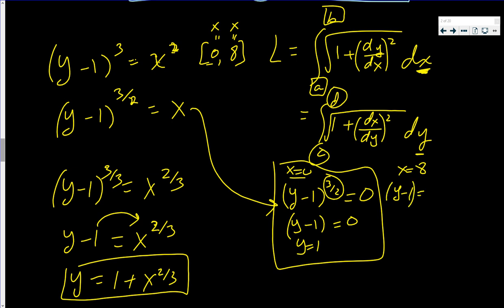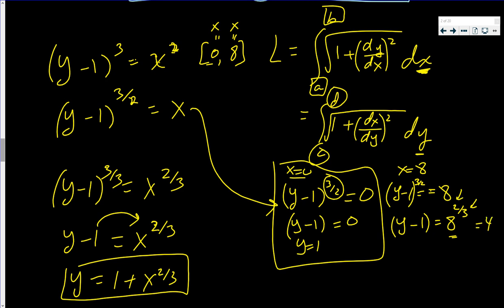Now if x is equal to 8, now here we kind of luck out. Oops, y minus 1 to the 3 halves is equal to 8. Well, that means y minus 1 is 8 to the 2/3. And what I mean by lucked out is that I actually know what that is. What times itself 3 times gives us 8? 2. Now square the 2.